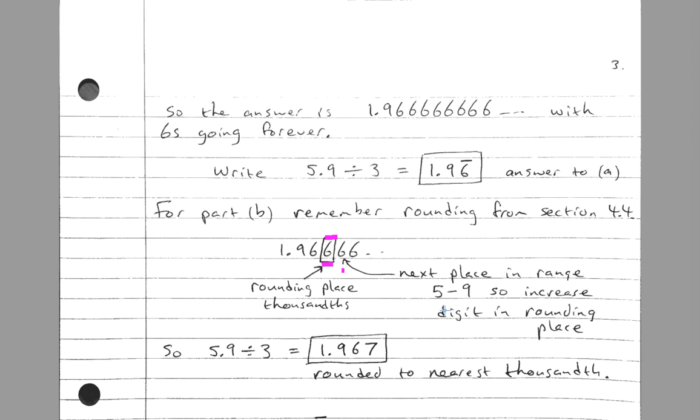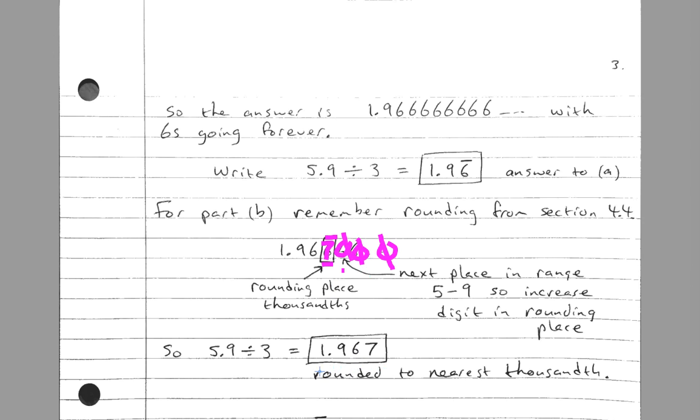But if it's between 5 and 9, then you increase the digit in the rounding place. So the 6 gets increased to a 7, and then everything else to the right of that becomes a 0. And then you eliminate these insignificant zeros.